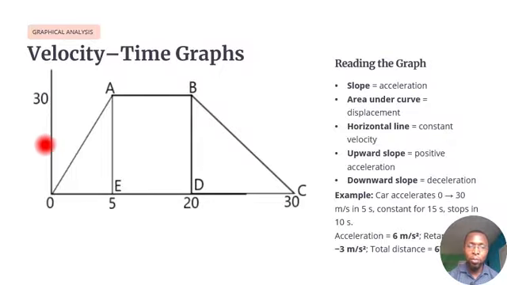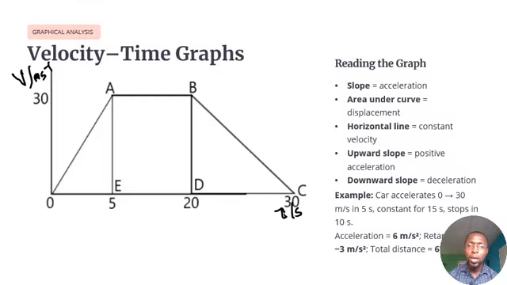On the vertical axis for the velocity time graph, you have velocity, with the unit meter per second. While on the horizontal axis, of course, is time, with the unit second.